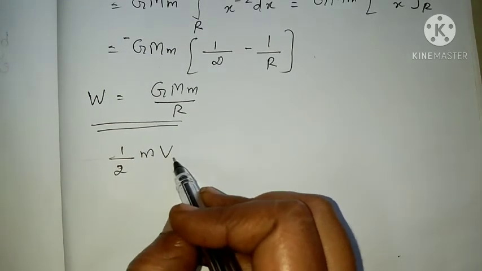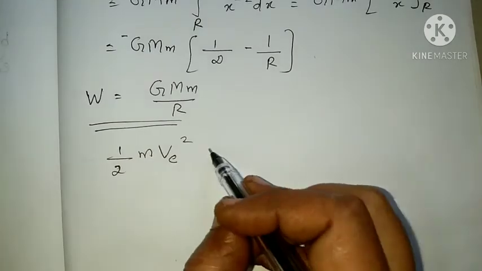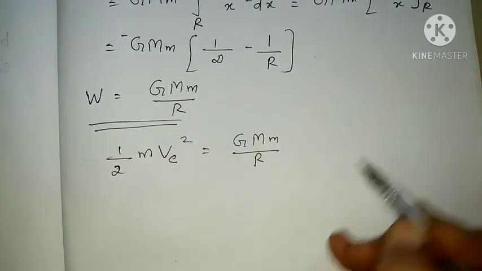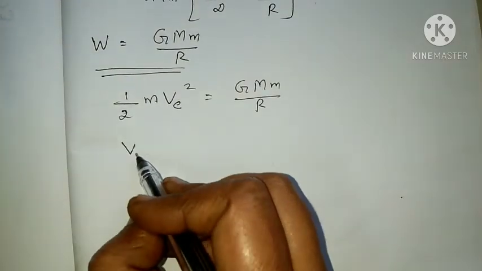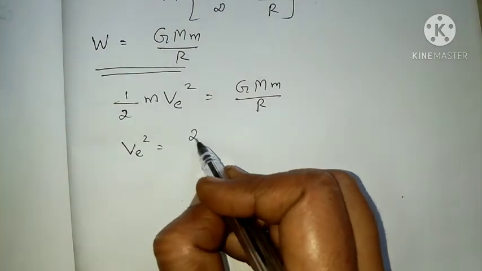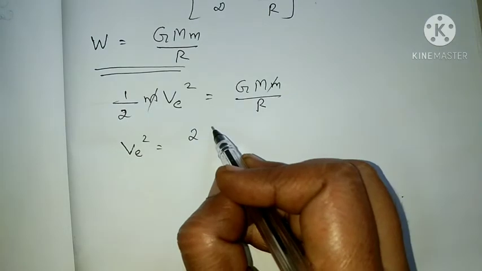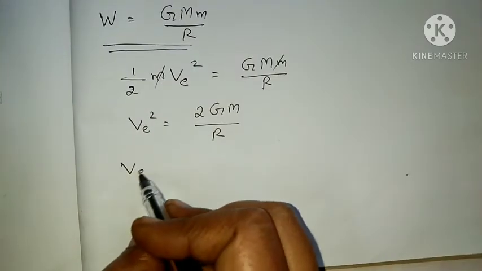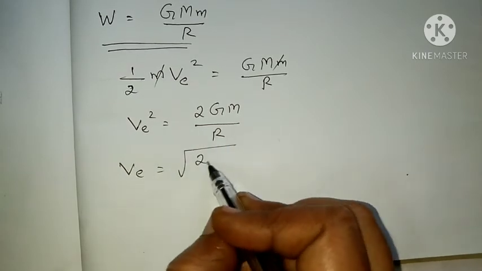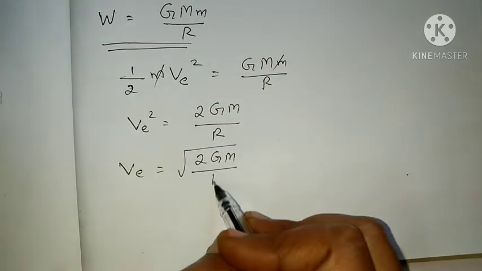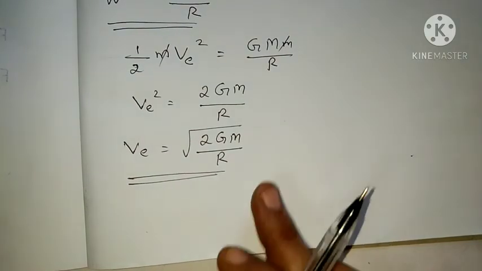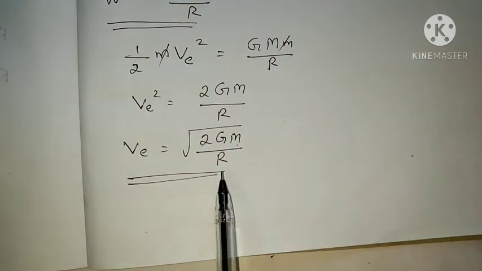Half m v e square, where v e is the escape velocity, equals GMm divided by capital R. Therefore v e square equals 2GM divided by R, since small m cancels, then v e equals root of 2GM divided by R. So this is the escape velocity in terms of the gravitational constant G, the mass of the earth capital M and the radius of the earth capital R.